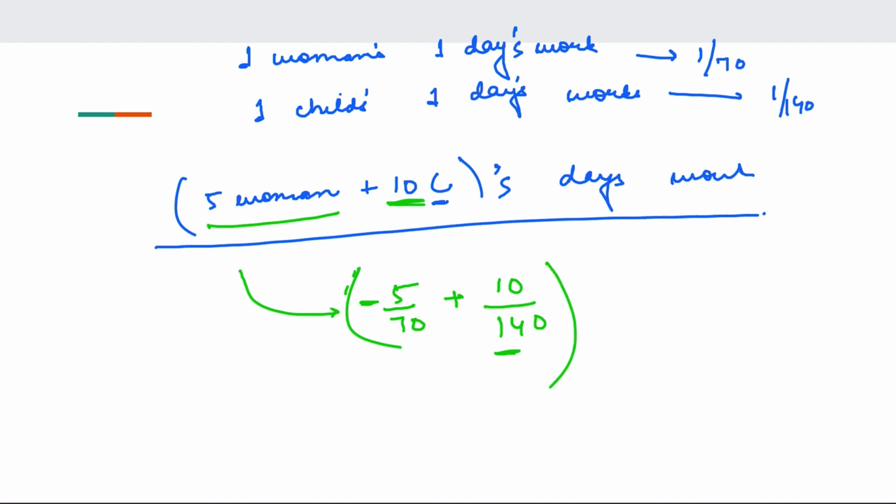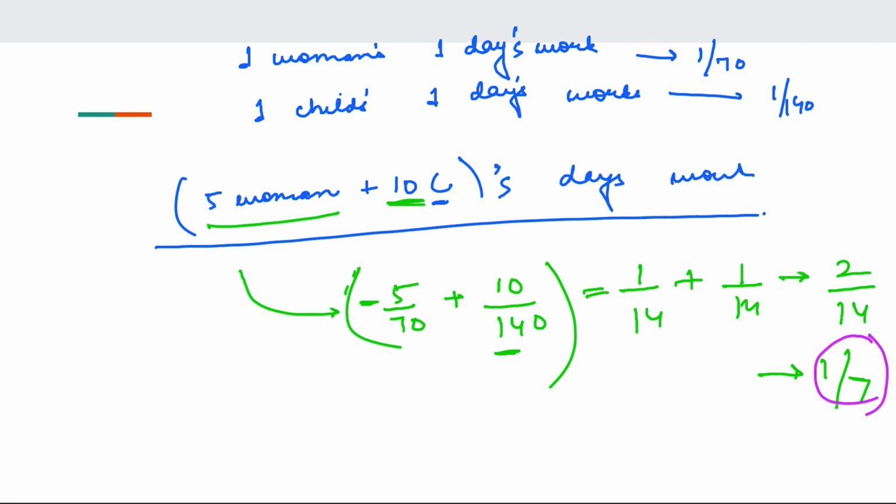So we are doing 1 day's work. Now if I solve this, it is going to be what? 1 by 14, right? And this is also going to be 1 by 14, which is nothing but 2 by 14, which is nothing but 1 by 7. So this is 1 day's work, correct? 1 by 7. So how many days will they require to complete the whole work?